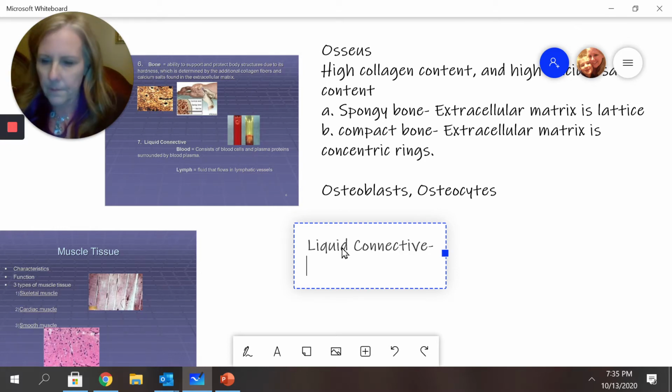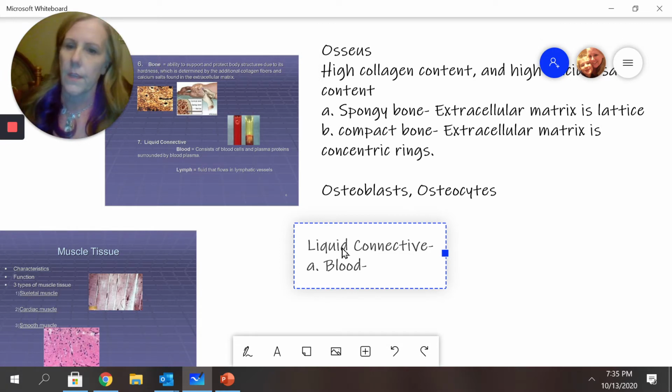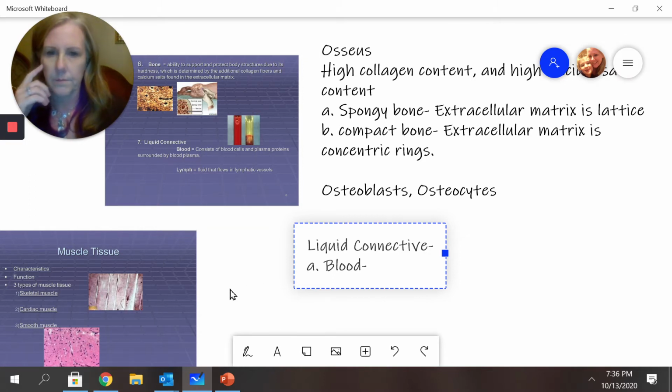The first type is blood. So blood is a liquid connective tissue. How do we know that blood is a connective tissue? We have to go back and look at the very, very early precursors to the cells that give rise to the stem cells that are found in blood.